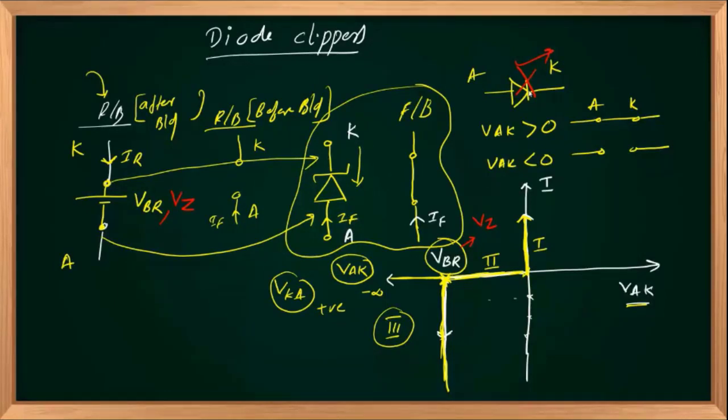Whereas your practical Zener diode will break down after some voltage in the reverse direction, but that breakdown mechanism is called the Zener breakdown mechanism, and in an ordinary diode the mechanism is the avalanche breakdown mechanism.